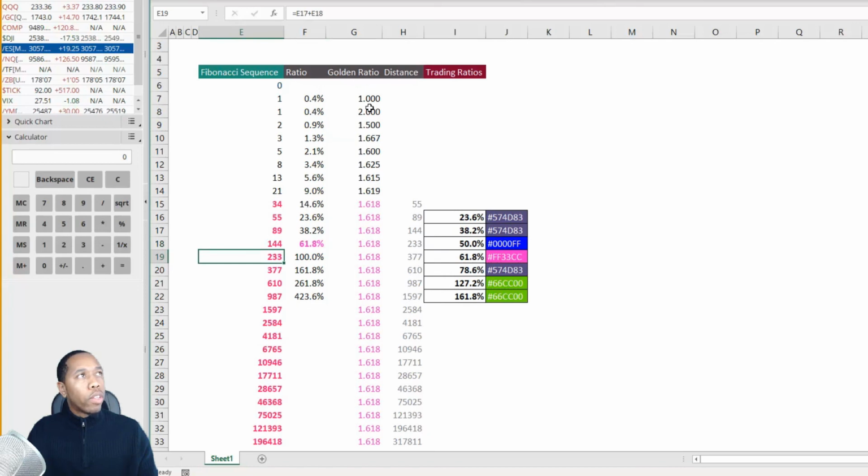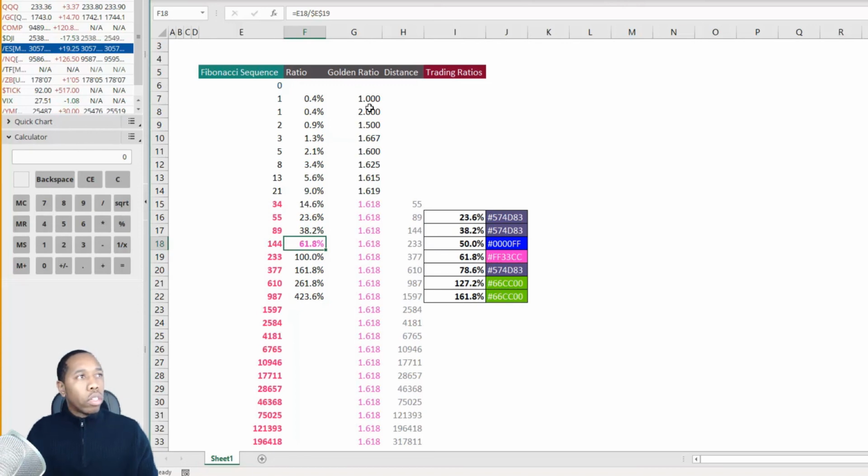Okay, once we get to 233, right here on the sequence, we're going to take these numbers and divide them. If I go back to the 144, what we do is divide the number before by the 233, okay? And that's how you get a ratio, and that's the 618 ratio, 61.8.